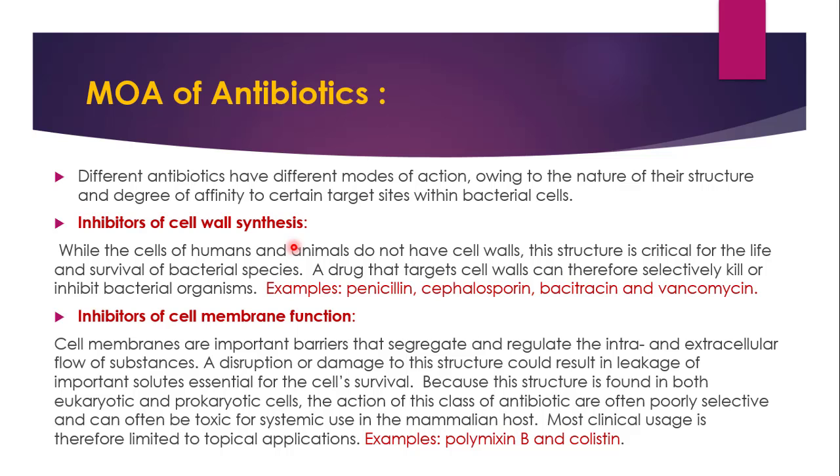If there is damage to the cell wall, then the cell wall will not remain, and the survival of the bacteria is critical. So it is inhibition of cell wall synthesis, and the antibiotics which work this way are beta-lactams, like penicillin and cephalosporins; bacitracin and vancomycin are also there.